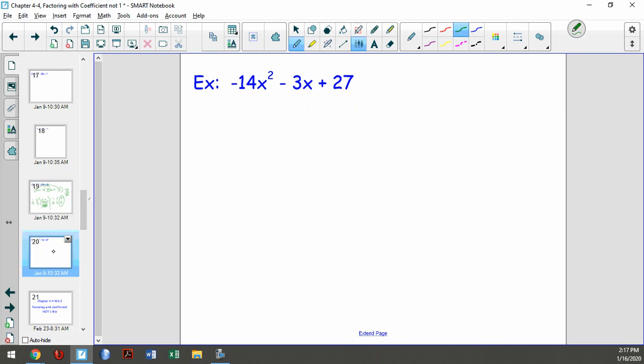Okay, last one. I'm going to pass out your homework while you guys are doing this one. What do we do with this first? Why is this one different? What's that? You are going to multiply everything by a -1 to make that become positive like we did last night. Yes? Then you're going to go through the same process that you have been doing the entire time.